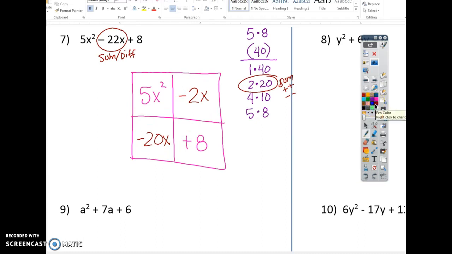On the outside, we're going to start filling in the outside. I know this is x times x. X times x is x squared, but I have a 5. So one of these is going to have to be 5 because the only thing that's going to give me 5 is 5 times 1. So remember, you look at your times table. 5, 10, 15, 20, 25, 30, 35, 40, and so forth and so on.